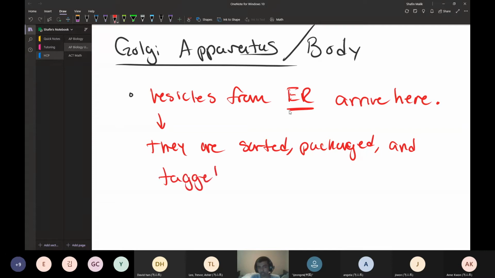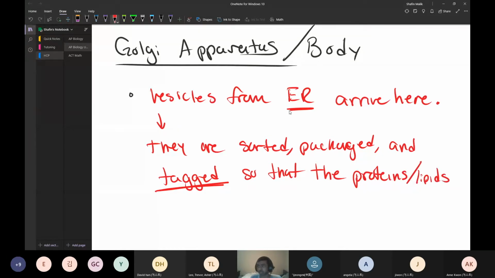So this is the important one. They're tagged. That is the main one I want you to remember. They're tagged so that the proteins or lipids inside them end up in the right place.